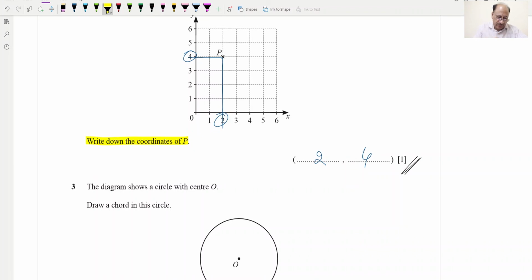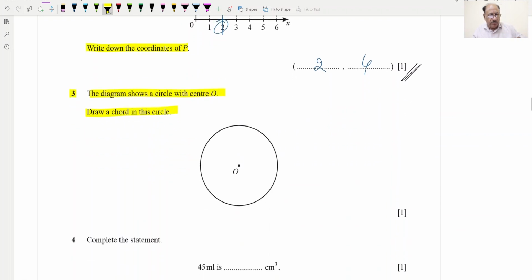Question number 3 says the diagram shows a circle with center O. Draw a chord in the circle. A chord is a straight line joining 2 points of the circumference, and you can draw any chord, for example this one or this one, even passing through the center.